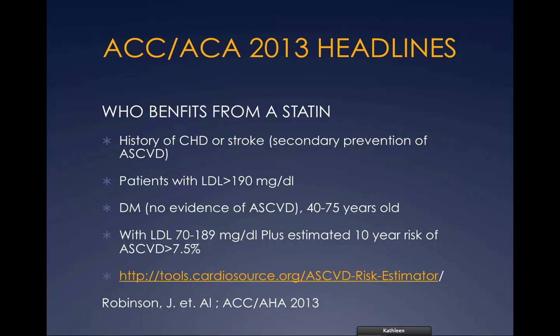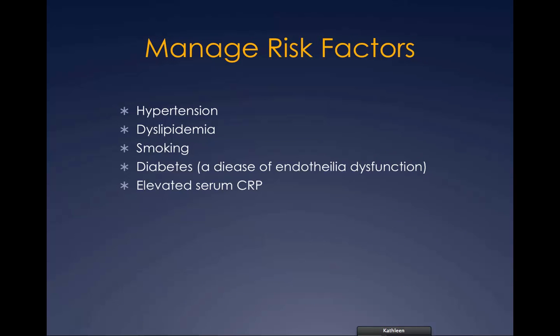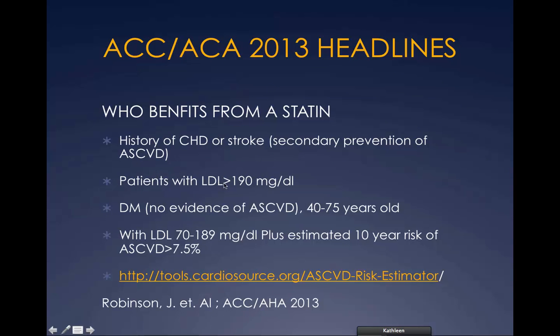This is a calculated tool you can copy here. It's the ASCVD risk estimator, and you plug it in. You should plug it in for all patients and make sure you document it in the note. This is going to determine part of the formula of whether or not someone meets the criteria to start on a statin.